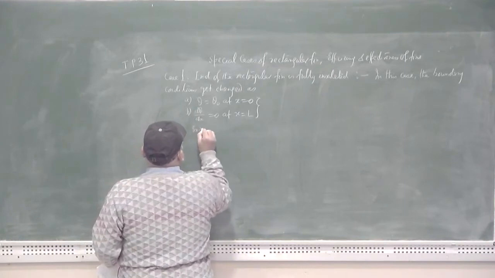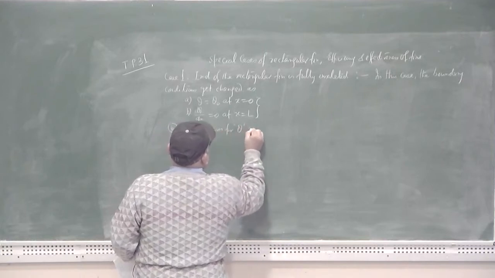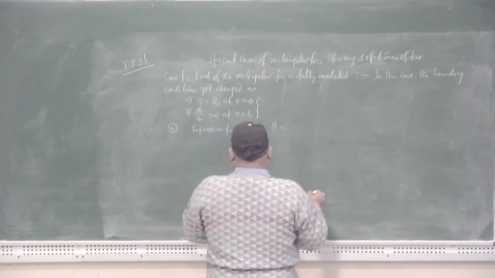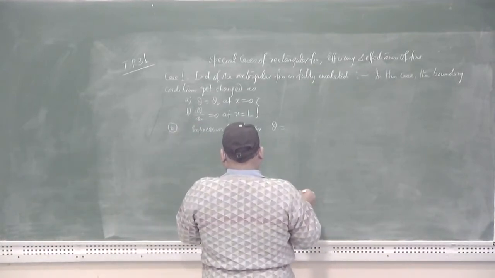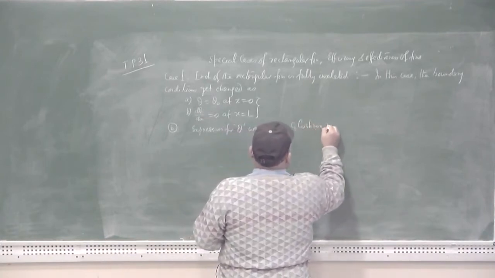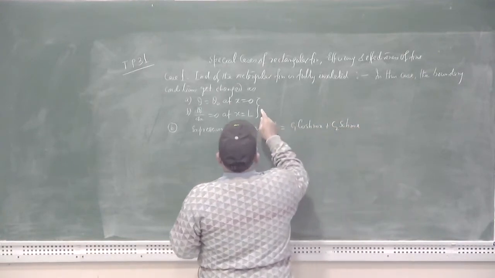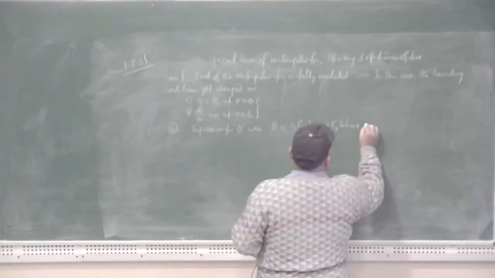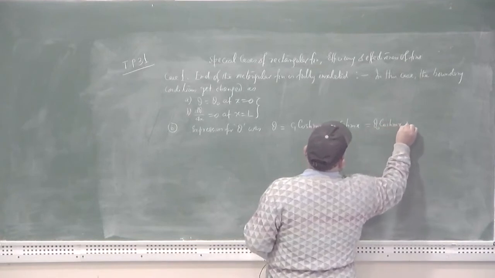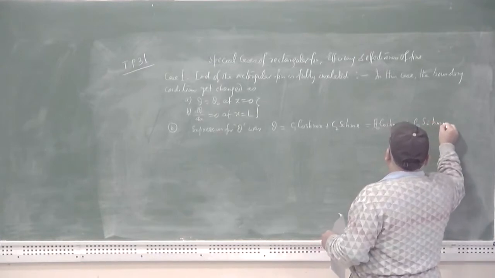What was the expression for theta? That is, theta is equal to C1 cosh mx plus C2 sinh mx. Here in this case also the value of C1 will arrive at theta 0, so theta is equal to theta 0 cosh mx, and only C2 will get changed, plus C2 sinh mx.